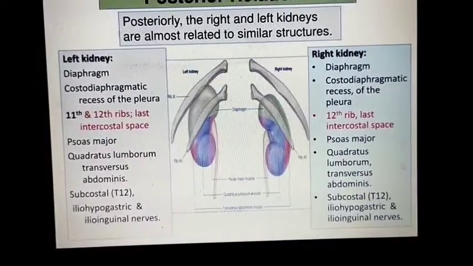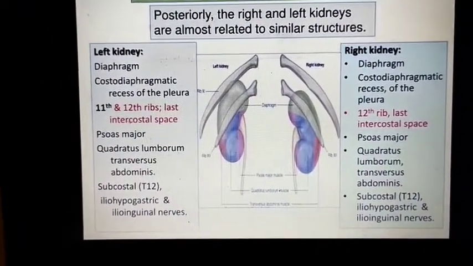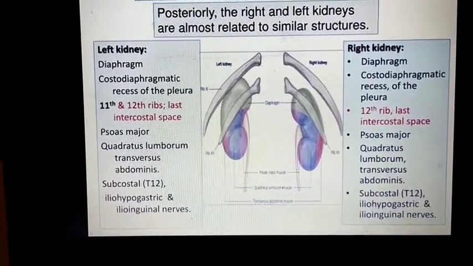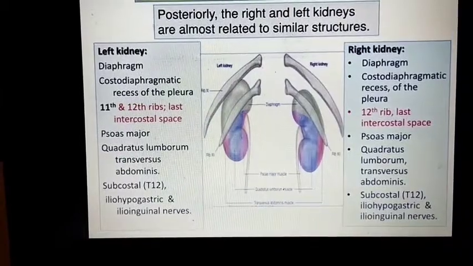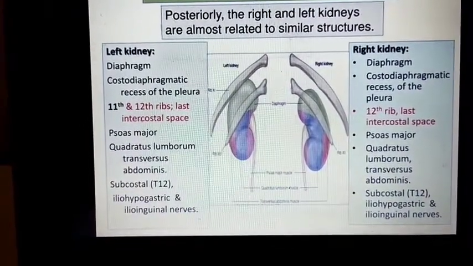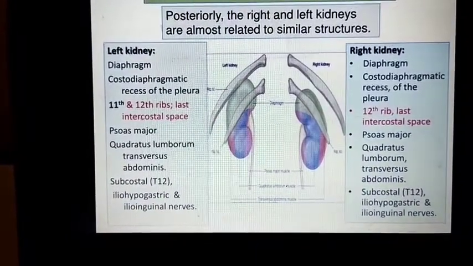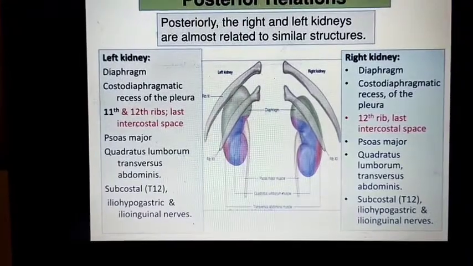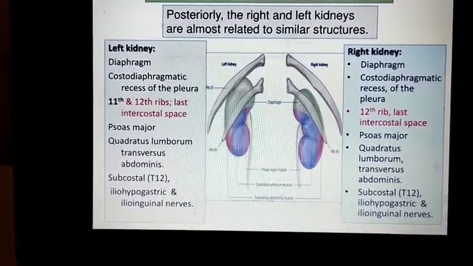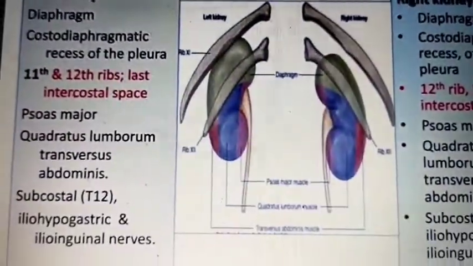Because of that, they have almost the same relationship. The left kidney has the diaphragm, costodiaphragmatic recess of the pleura, 11th and 12th rib, last intercostal space, psoas major muscle, quadratus lumborum muscle, transversus abdominis muscle, subcostal, iliohypogastric and ilioinguinal nerves. This is the posterior relationship.